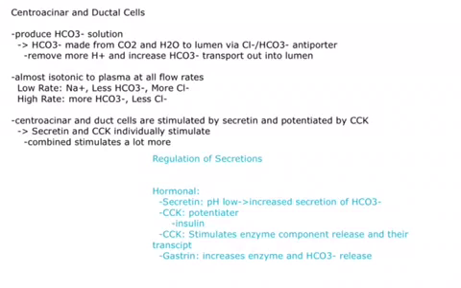As we remove more protons, the bicarbonate increases, and then it gets transported out of the cell and into the lumen. So that's really important to remove those protons. If we don't remove those protons, then the bicarbonate won't be increased.